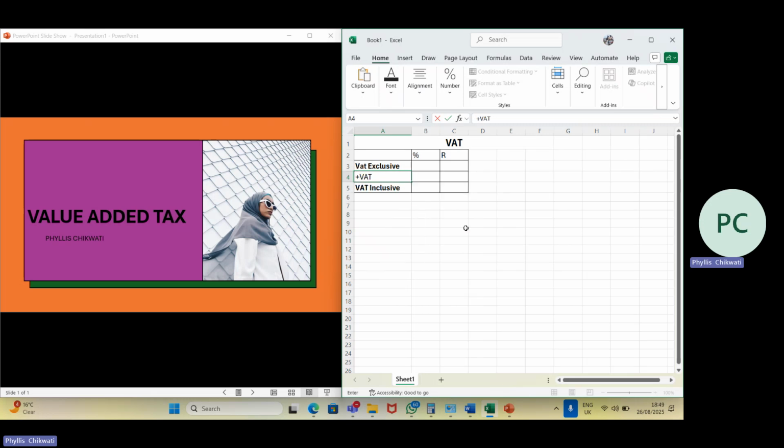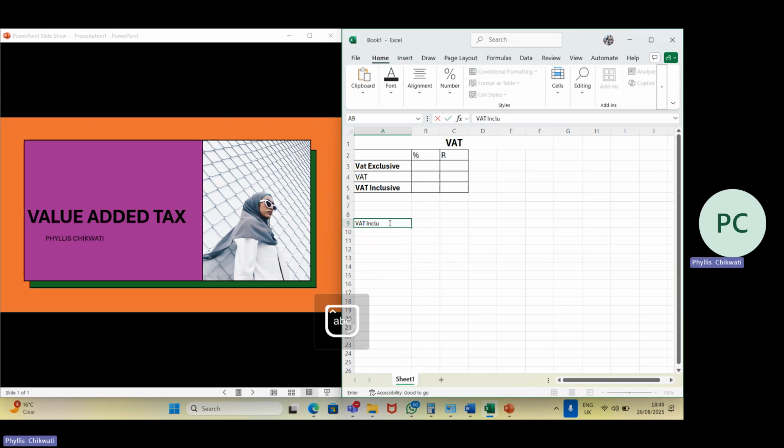So let me just make it a text. Okay, I think I'll have to write it somewhere else. So how do you get your VAT inclusive amount? This is another equation that you need to take note of.